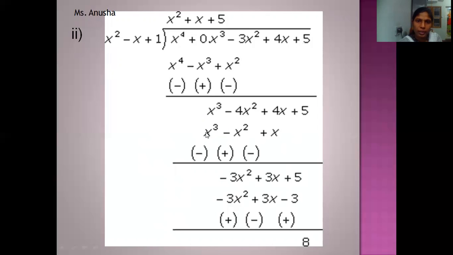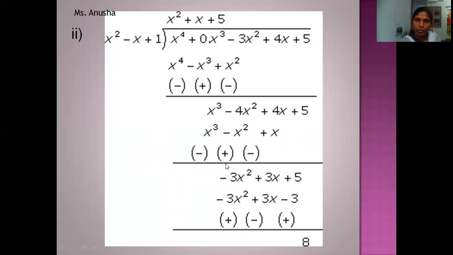The sign automatically changes, plus into minus, minus into plus, and again plus into minus. Cancelling these two, x cube and minus x cube, and minus 4x square plus x square is equal to minus 3x square, and plus 4x minus x equals plus 3x, and drop this 5 down.